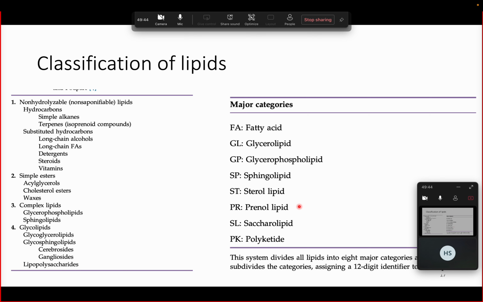So right now we have entered into the world of lipids. In lipids we're going to study different types of lipids, the properties which lipids impart to the membrane, and what the side effects can be if lipids are not present in the membrane.